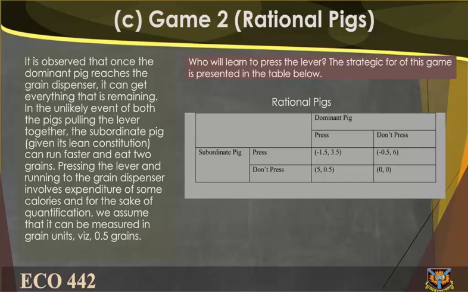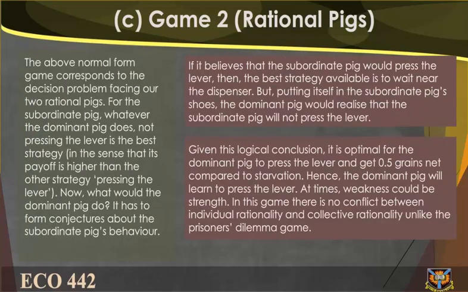Rational pigs. The above normal form game corresponds to the decision problem facing our two rational pigs. For the subordinate pig, whatever the dominant pig does, not pressing the lever is the best strategy, in the sense that its payoff is higher than the other strategy, pressing the lever.